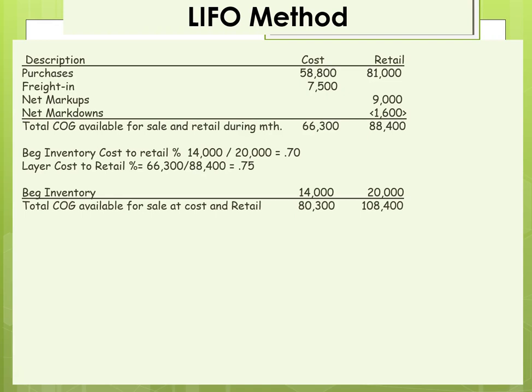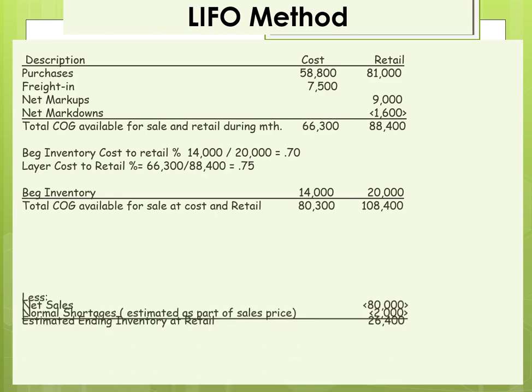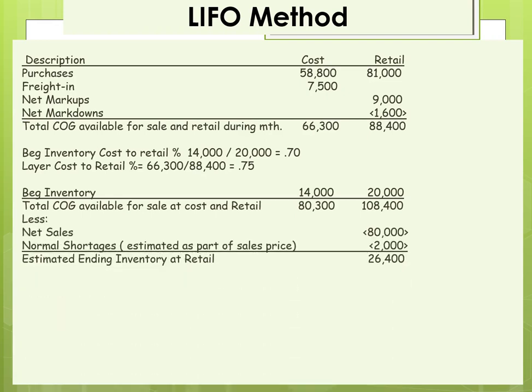Now we have our total cost of goods available for sale. We're going to take out our sales and our shortages, which are normal. And now we can do our layers. We're going to first begin with our 20,000, which was our beginning inventory at retail, times the 70%.